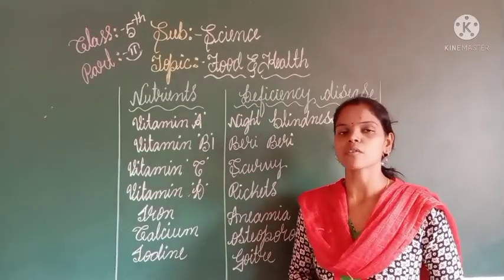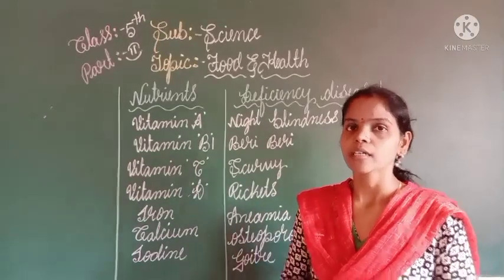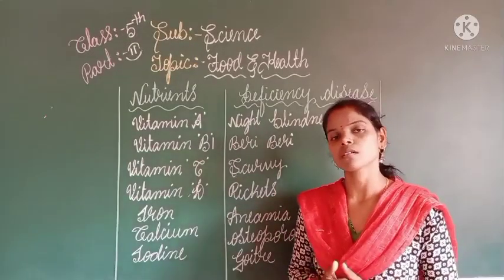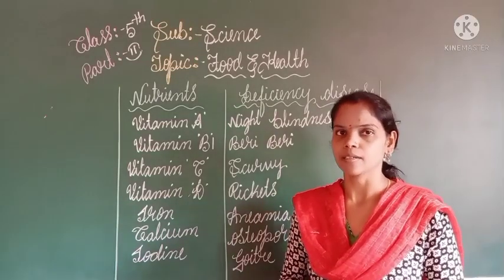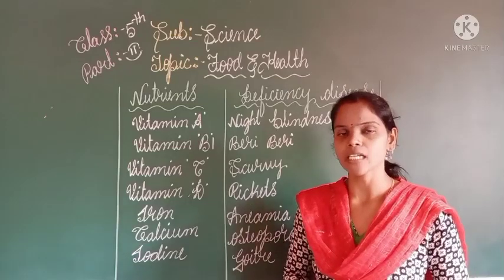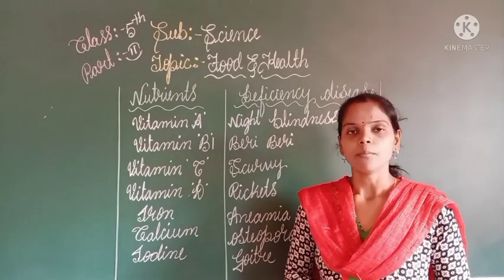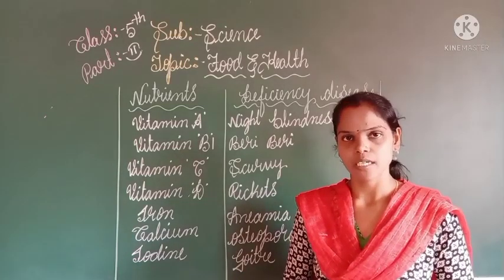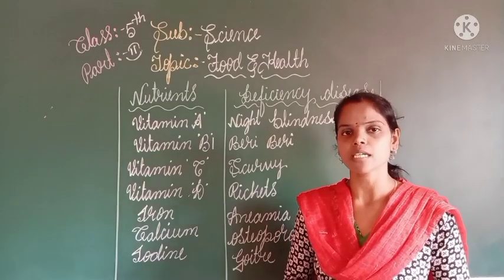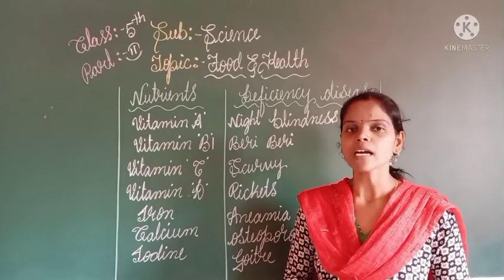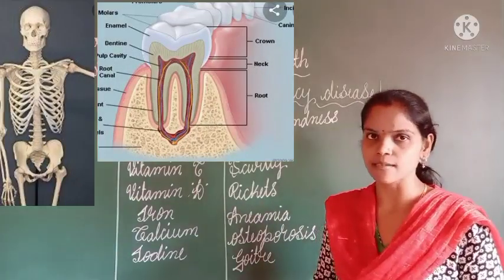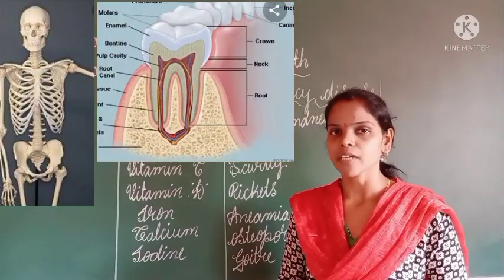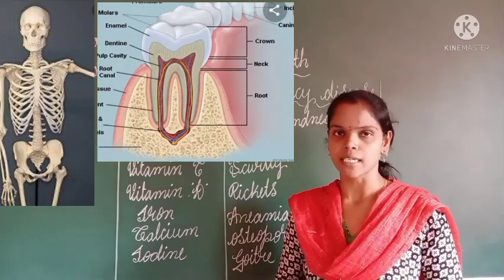Calcium is also very important to the body, which helps to strengthen the bones as well as teeth. Which food items contain calcium? Milk and green leafy vegetables. Lack of calcium causes the disease osteoporosis, which is nothing but weakness in the bones and teeth.